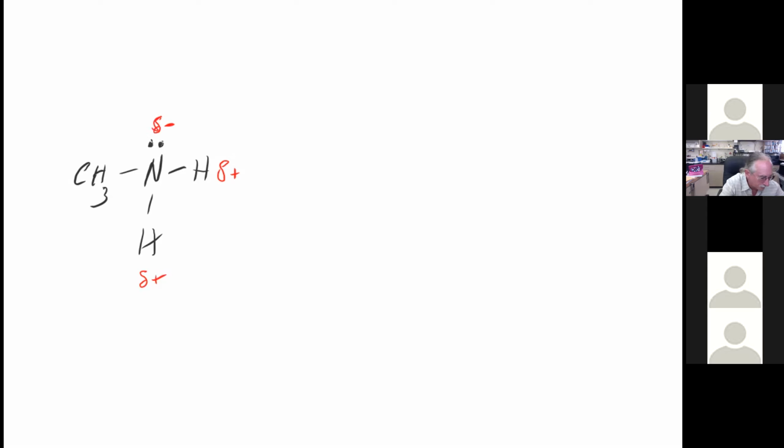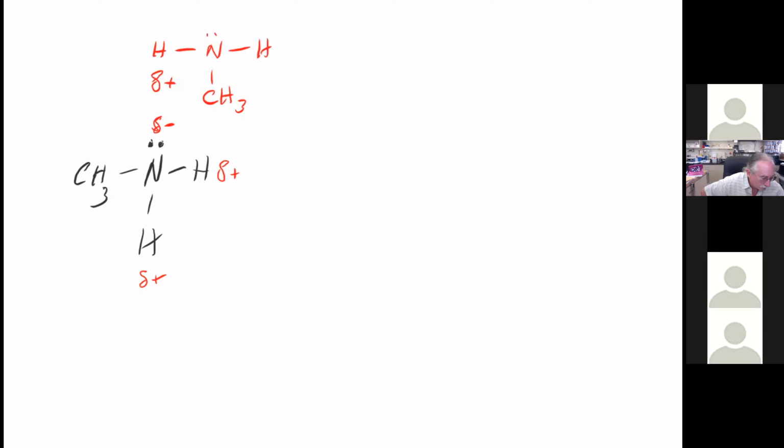So that partial negative would attract the partial positive of another amine. Well, what would that be? That would be the hydrogen. So what kind of attraction would this be? So that covers Londons. All molecules have Londons.